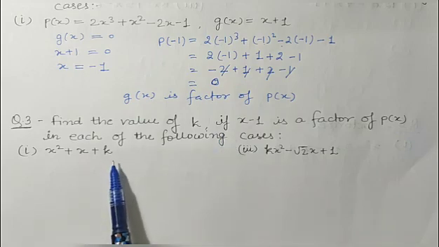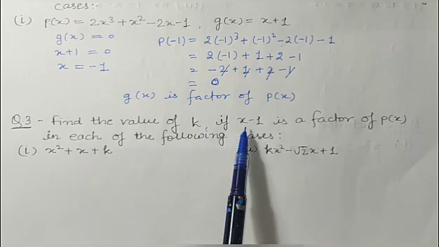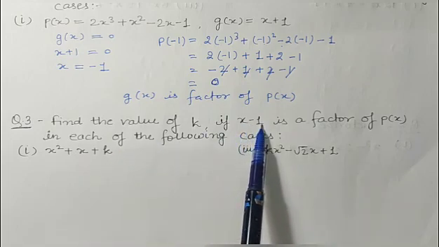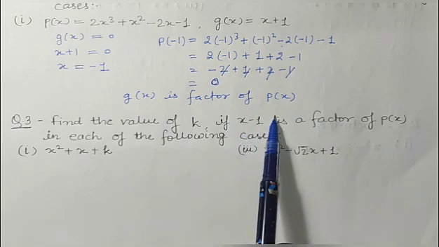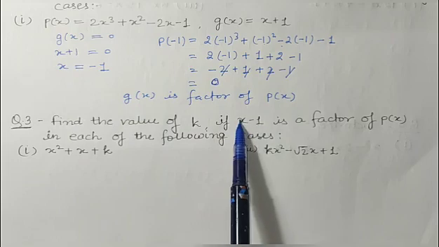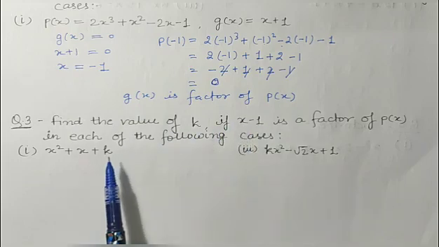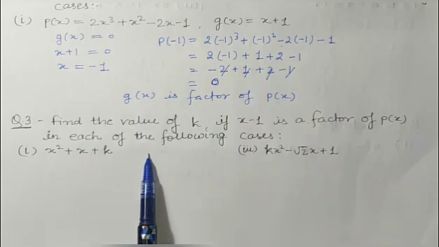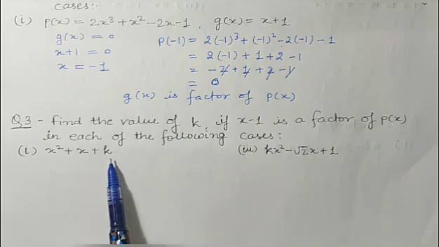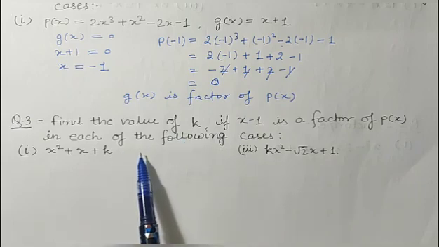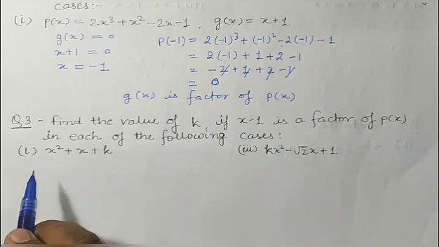So students, if x minus 1 is already a factor, firstly we will make this divisor equal to 0, then we will get the value of x. When we put the value of x in this polynomial, it should be equal to 0, because we know that x minus 1 is a factor, so the remainder should be 0. After that we can calculate the value of k.